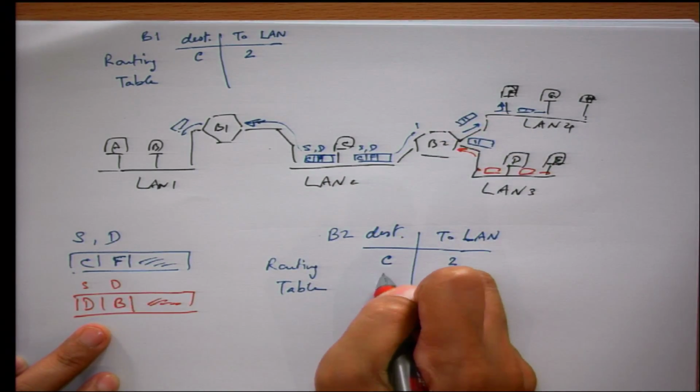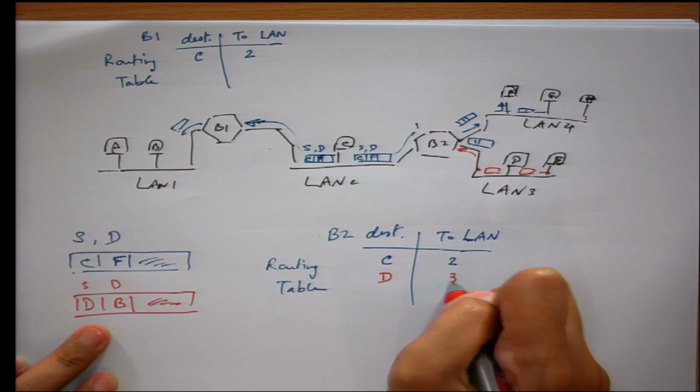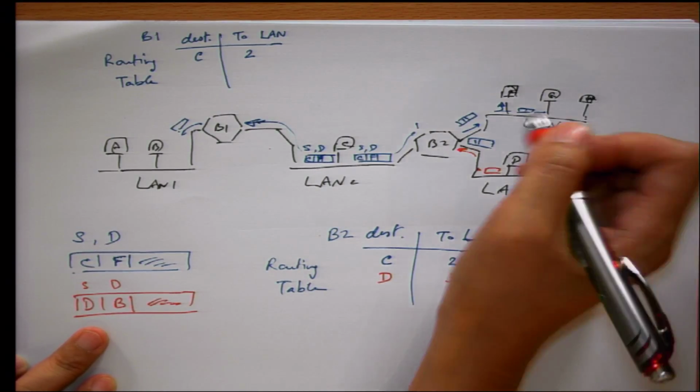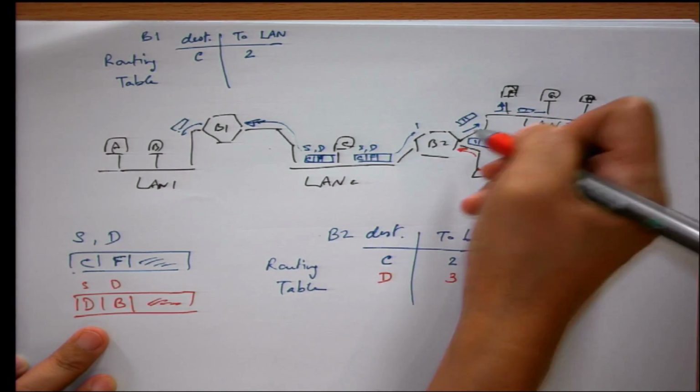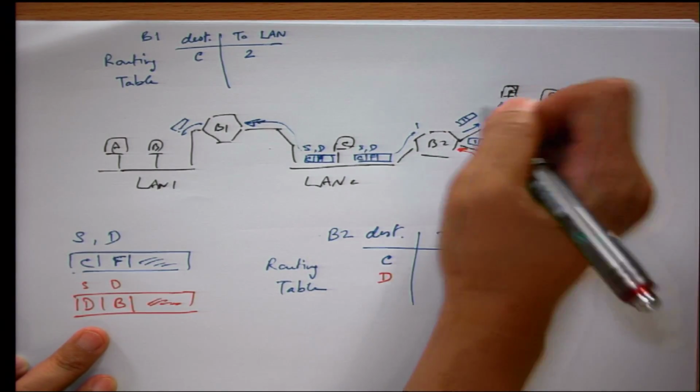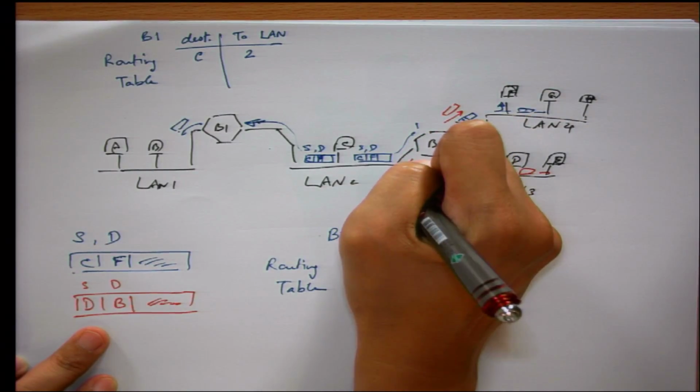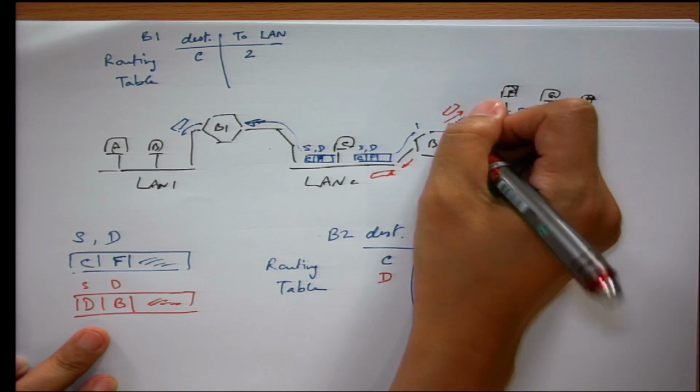Next, if I want to go to D, I will go to LAN 3, and it will eventually go to D. Then bridge number 2, since it doesn't know where B is, has to send out this way and this way.